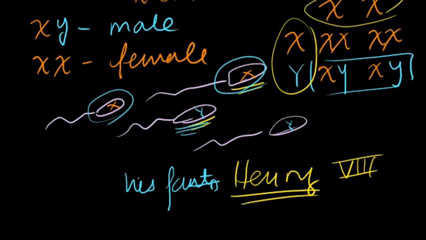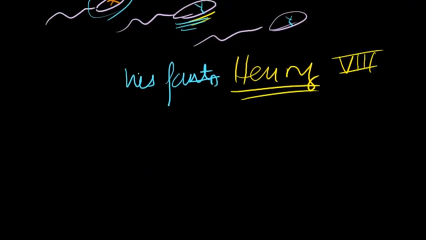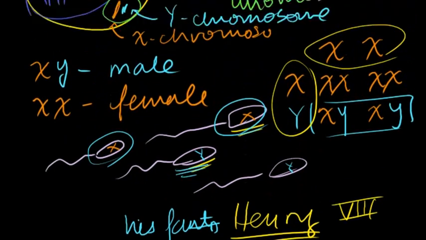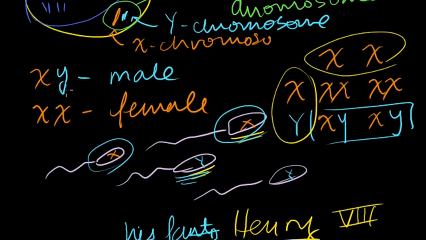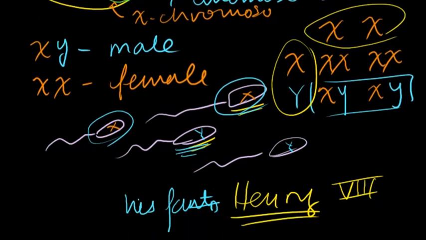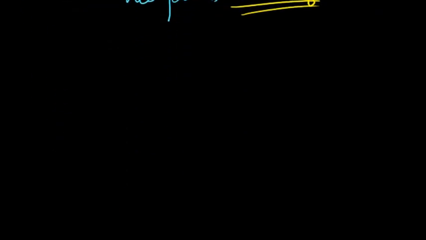Now, one question that might immediately pop up in your head is, Sal, is everything on these chromosomes related to just our sex determining traits, or is there other stuff on them? So let me draw some chromosomes. Let's say that's an X chromosome, and this is a Y chromosome.